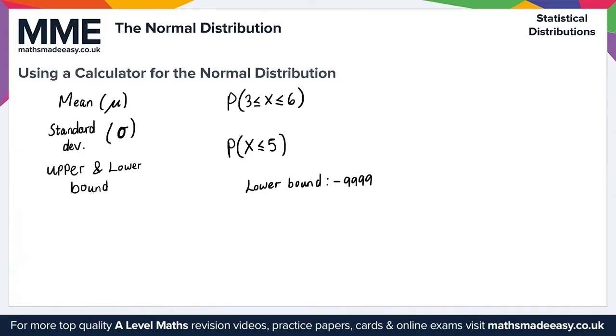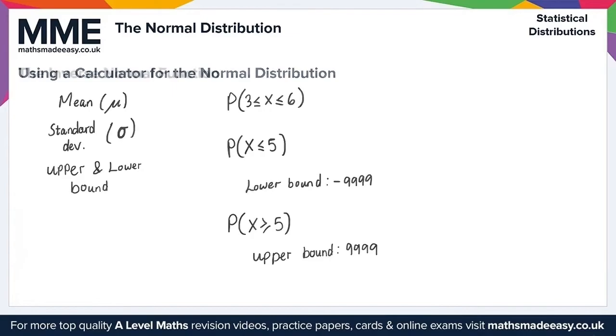And if we have, say, the probability that x is greater than or equal to 5, then we need a limit for our upper bound, and you might have guessed, we would change this to positive 9999. And that gives us everything we need to be aware of for using a calculator for the normal distribution.